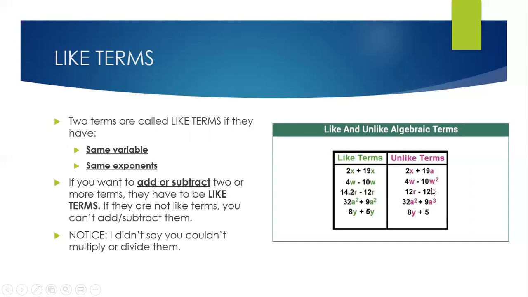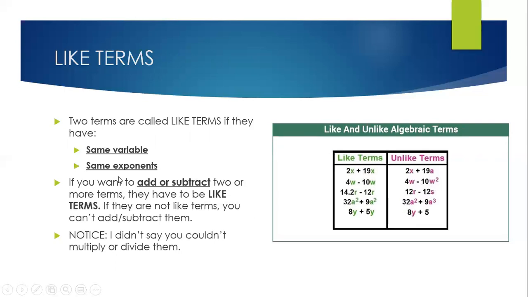They're not the same. If you have 12r and 12s, that's pretty obvious they're not like terms. You have different letters. And this one's a little more tricky. You've got 4w and 10w squared. But if you notice, this w is by itself. This w has a 2 attached to it. So we can tell that this and that are different.